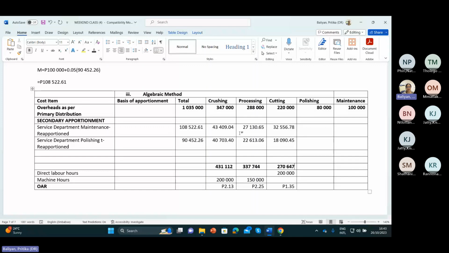Ma'am, I think the value of M is incorrect. Or am I doing it wrong? I got 104,522.61. The value of M is 104. Okay, let me check, because it's giving me a bit more in the total answer.